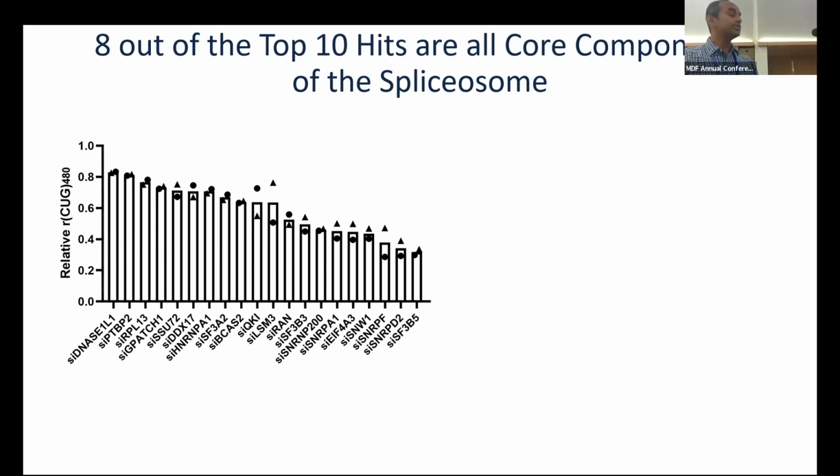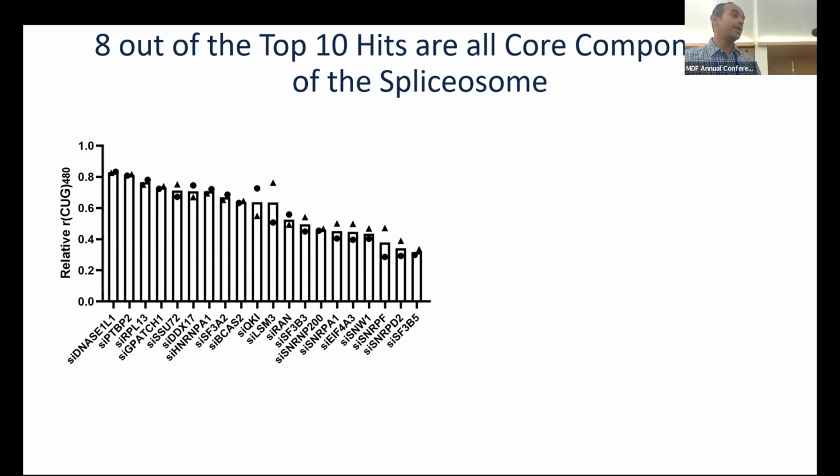First of all, it was interesting that none of the hits that we initially identified that elevated the CUG 480 levels were recapitulated in both cell lines. So not sure why. But when we looked at hits that reduced the CUG 480 levels, we picked up about 20 hits that were robustly reducing the relative CUG 480 levels.